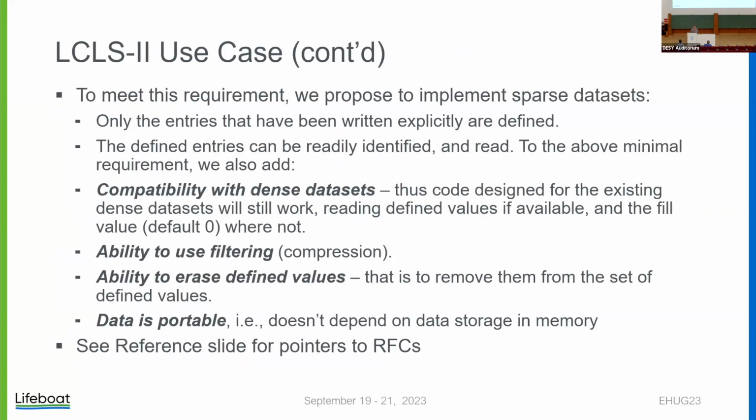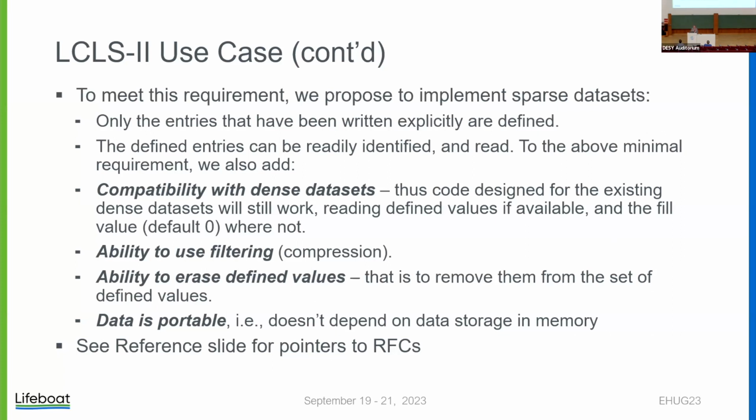We also added some other requirements in the spirit of HDF5, that we call the entries that are region of interest. Those are defined because the experiment could tell us which regions of interest existed and what they wanted to write. So they know those regions automatically, and we know how we can write them down, so they're explicitly defined.